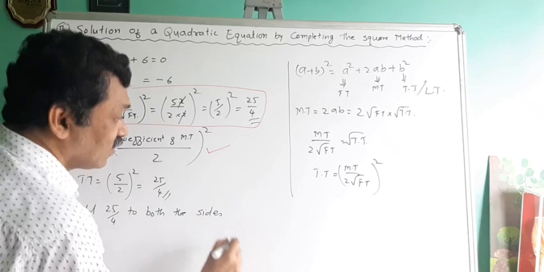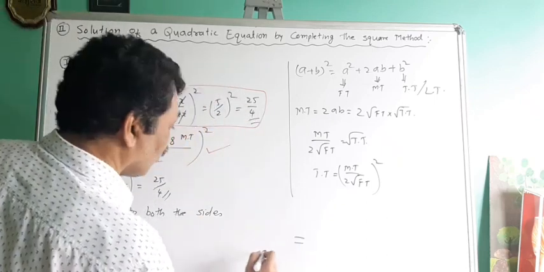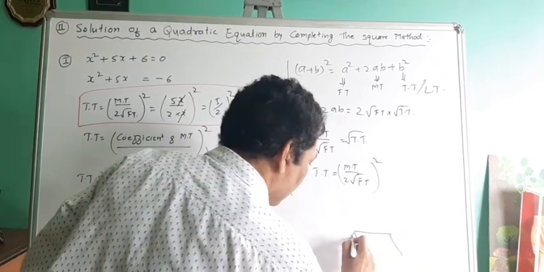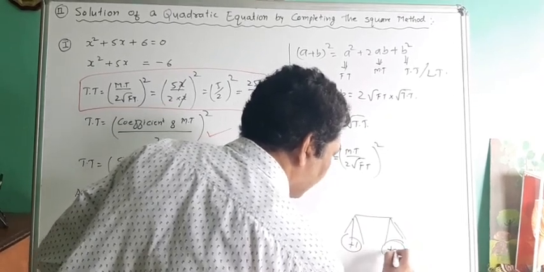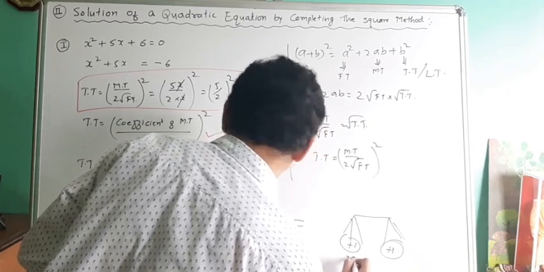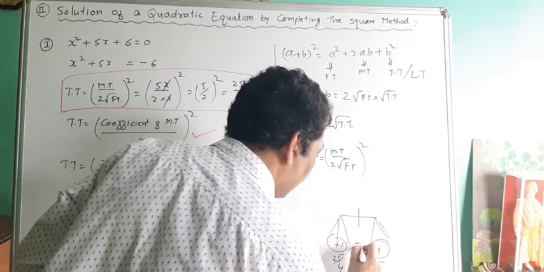Why both the sides? Because we have an equation here, so it is a balance. If we add something to this side, we have to add the same thing to this side. If we add 1, we have to add 1. If we add 25 upon 4, we have to add the same 25 upon 4, because this should remain balanced.